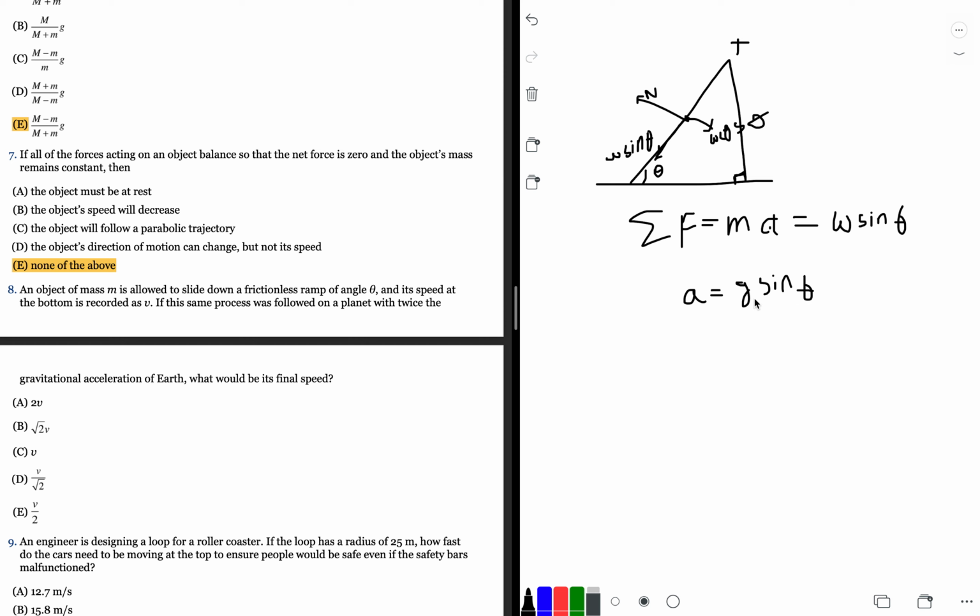So if g increases by 2, it'll slide down here, and the speed at the bottom is v. So it's the same process with twice the gravitational acceleration of Earth.